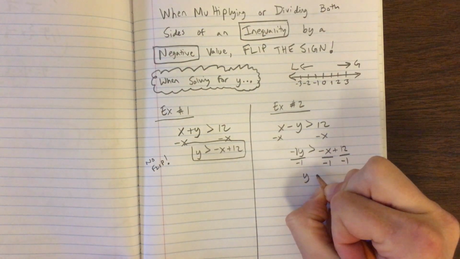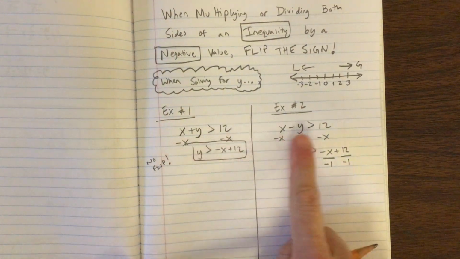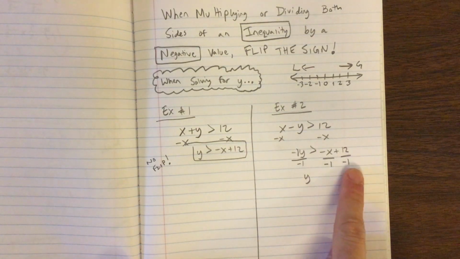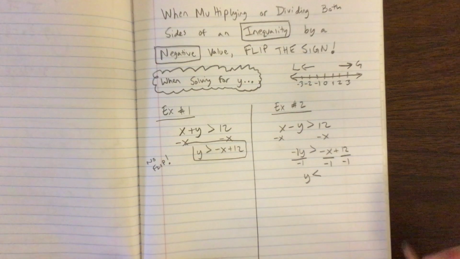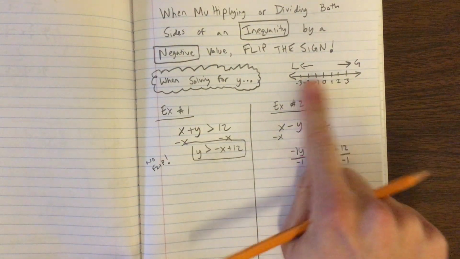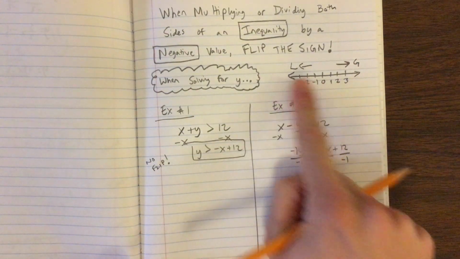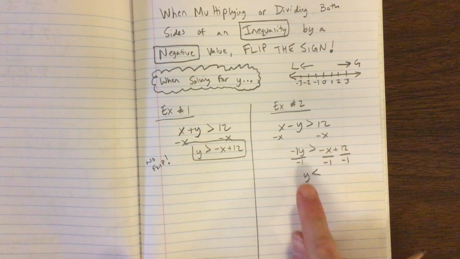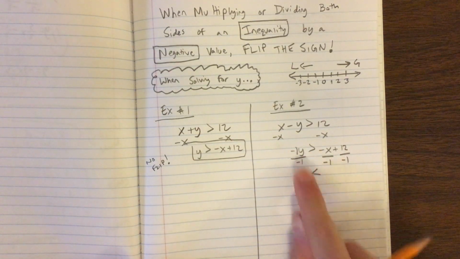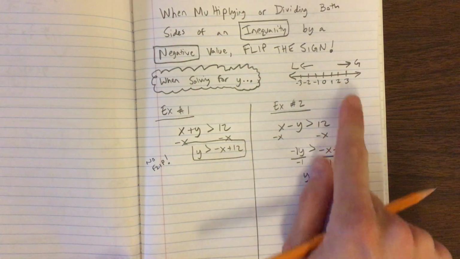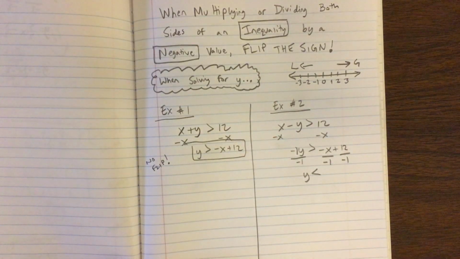Remember, this looked very similar to this. Here, divide, divide, divide. When I do that, it's going to actually flip the sign. And it has to do with, we're talking about opposites. So when I divide negative 1 by negative 1, and I change this negative y to a positive y, I have to think about it in the opposite direction.